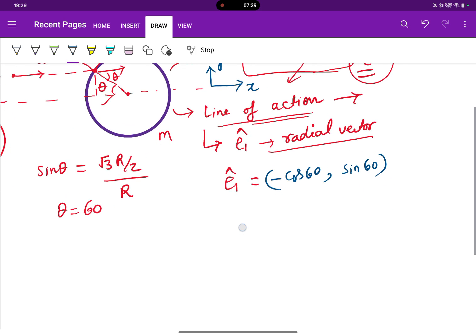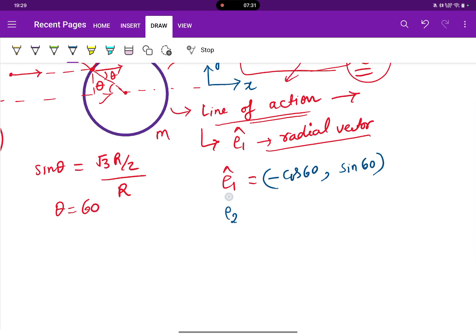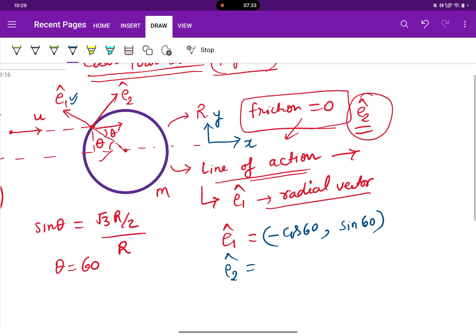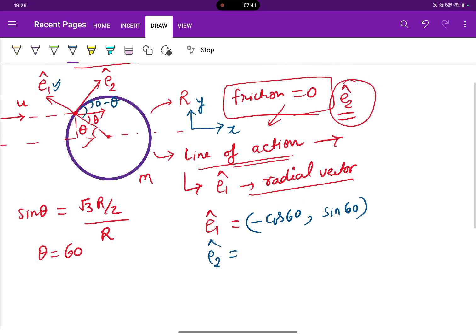And if I take E2 cap, again, if this is theta, this is going to be 90 minus theta. So E2 cos 90 minus theta, which is sin theta, perfectly aligns with the x direction, that becomes sin 60, and the vertical becomes cos 60, right?